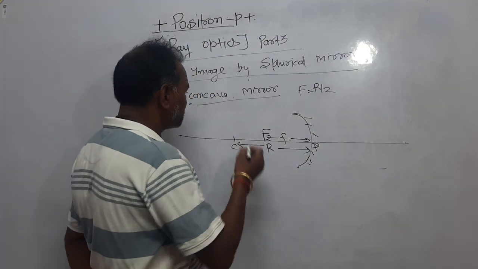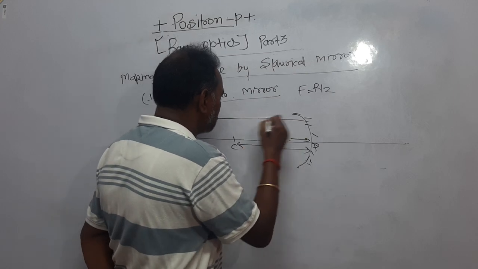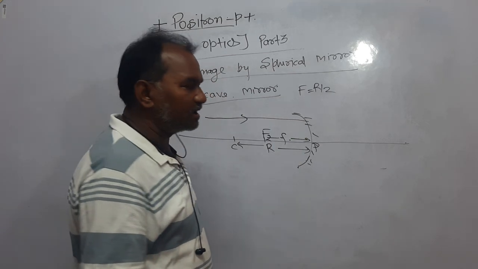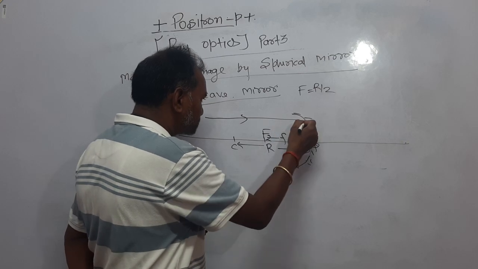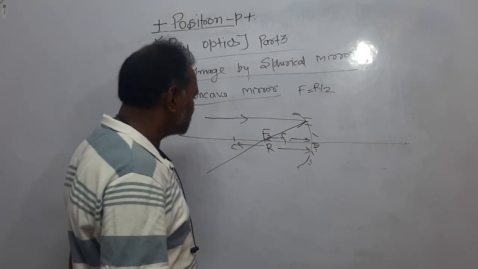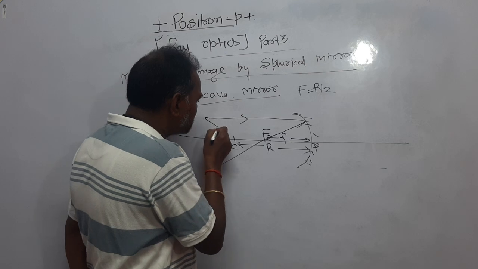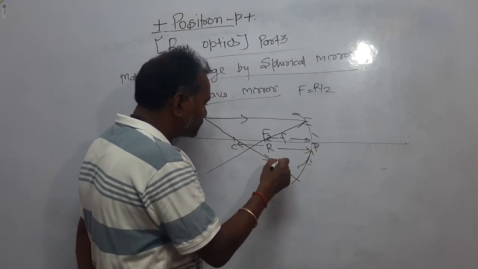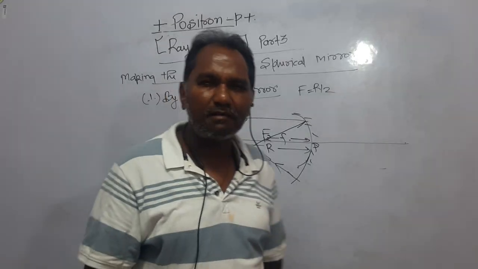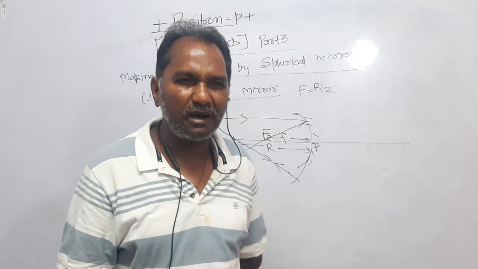Now, dear student, what I said is that rays parallel to the optical axis, after the reflection from the mirror, pass through the focus. Second, the rays passing through the center of curvature, after the reflection, will return back and follow the same path. Why is it so?